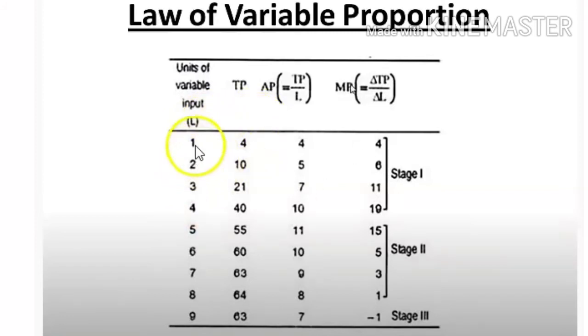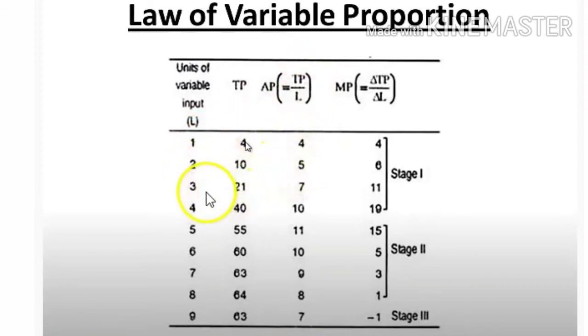So here these two things are needed: the labor input, that is the labor column, and the total production. Then we divide each one, that is TP divided by L. So 4 divided by 1 is 4, and 10 divided by 2 is 5.